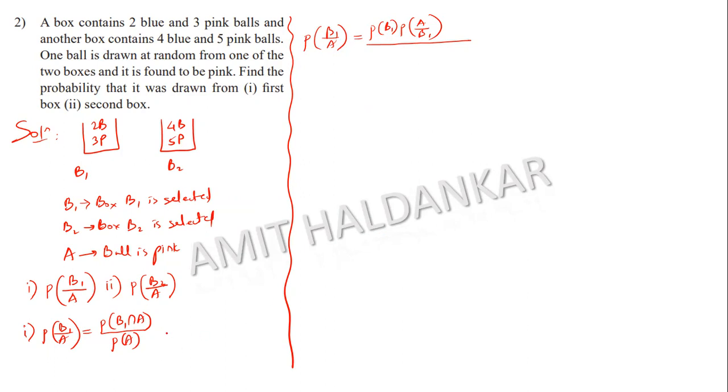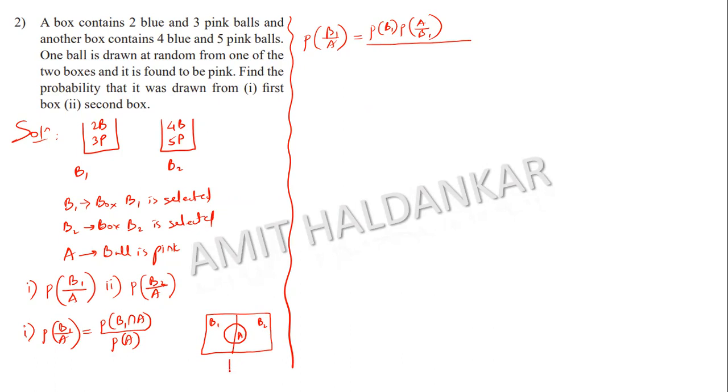Now how will I get P of A? What exactly is P of A? What the sum says is there are two bags, let's say B1 and B2, and A is an event associated with both, because the ball can be pink from the first bag and also the ball can be pink from the second bag.